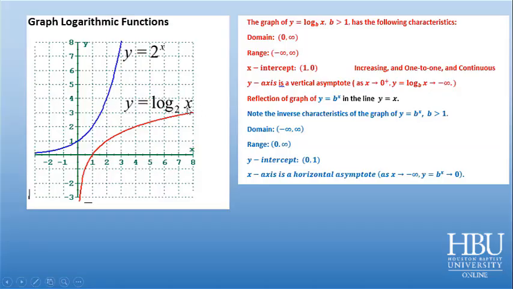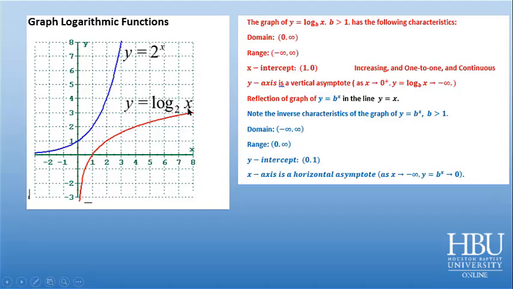What about if x is a fraction getting closer and closer to 0? What happens to y? If x is 1/2, the logarithm of 1/2 to base 2 is -1. Here's the point 1/2, -1. 2 to the -1 power is 1/2. Let's take x smaller. What if x is 1/4? The logarithm of 1/4 to base 2 is -2 because 2 to the -2 is 1/4.